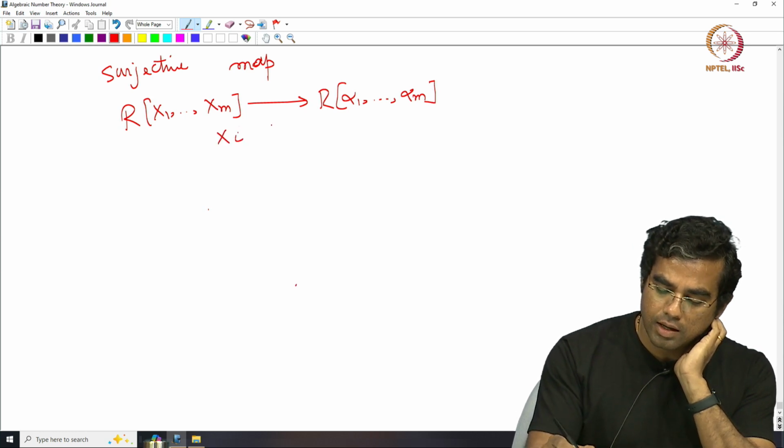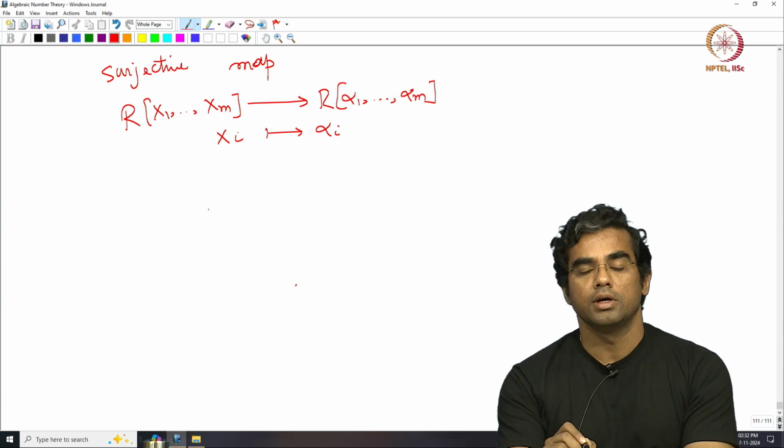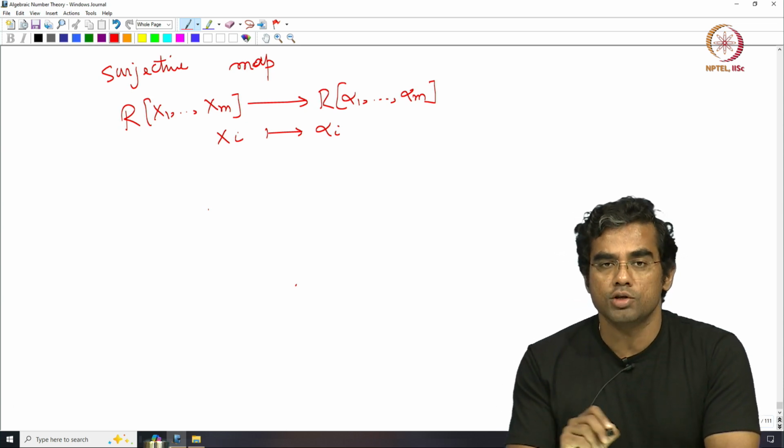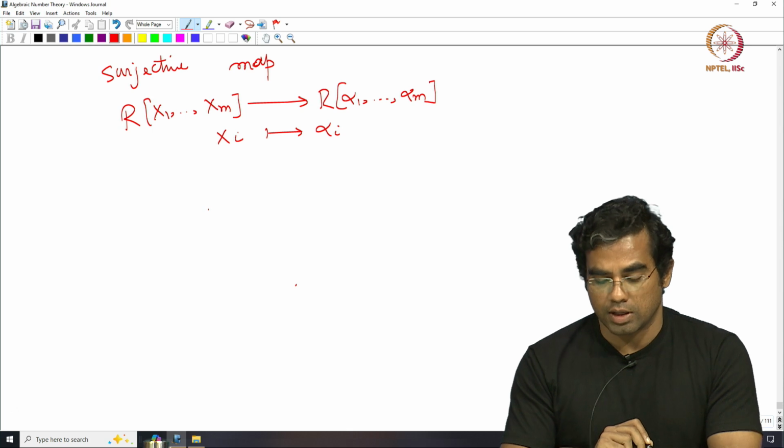Okay. So, x_i just goes to alpha_i, and this map is surjective, and a homomorphic image of a Noetherian ring under a ring homomorphism is again Noetherian.